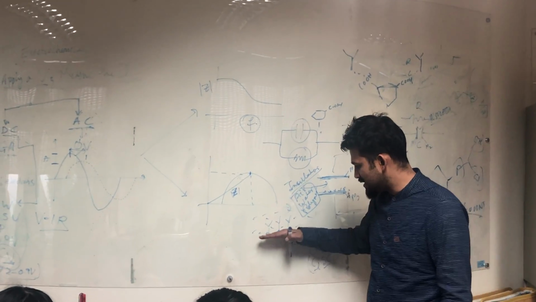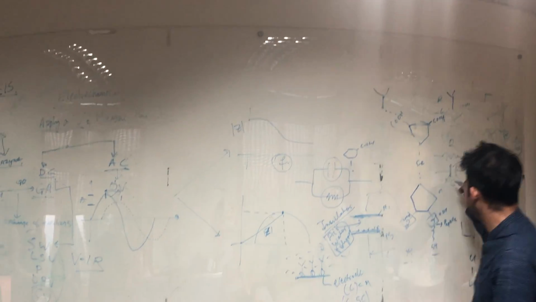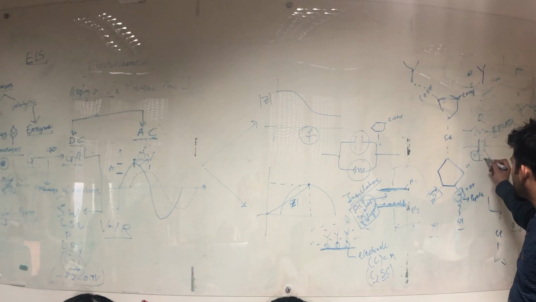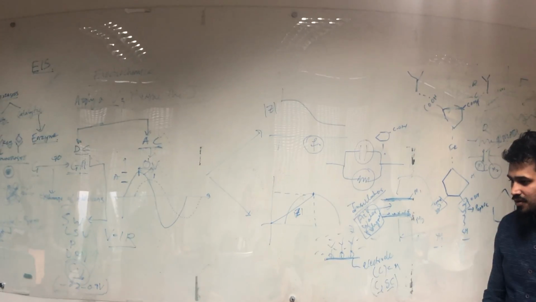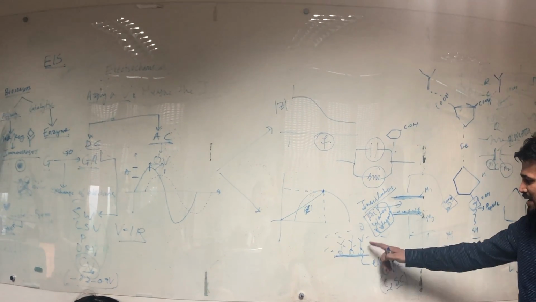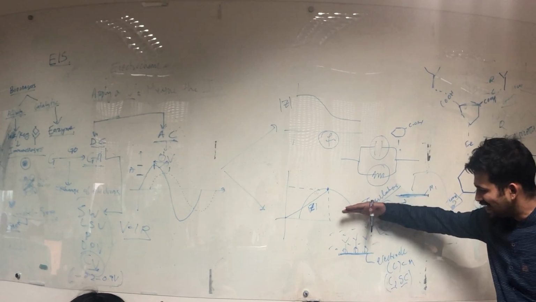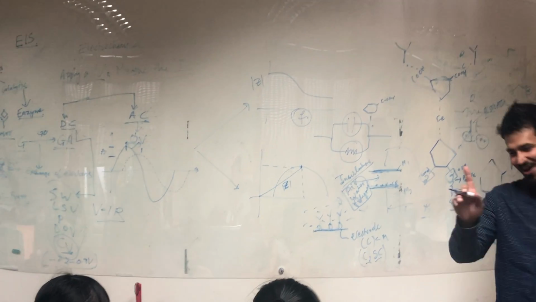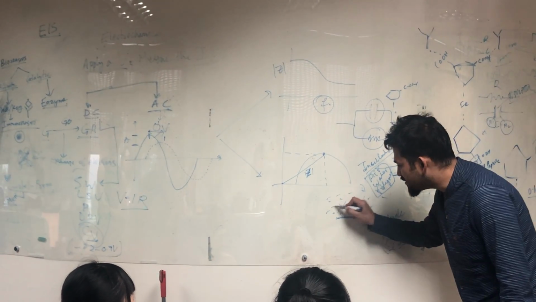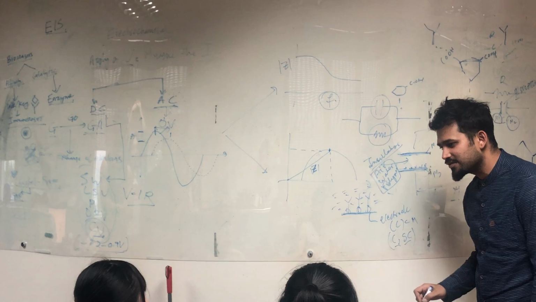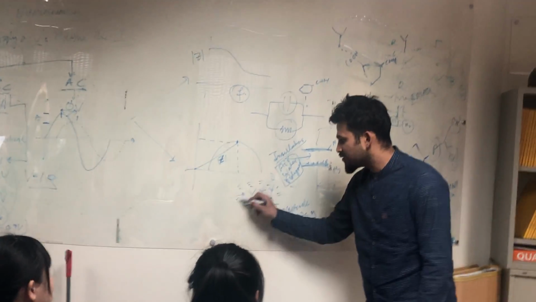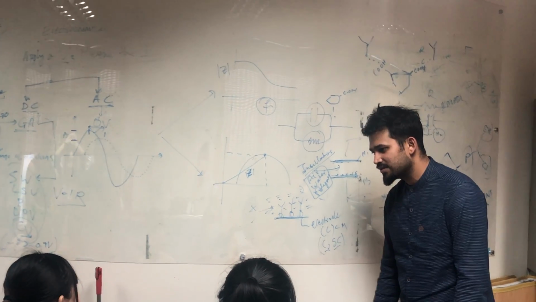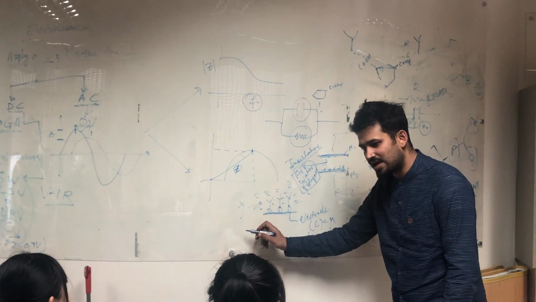Now think about it like this. This is one metal layer. You agree? What is the other metal layer? Look at this, the solution. What about the solution? Redox probe has ions, right? PBS also has ions, right?